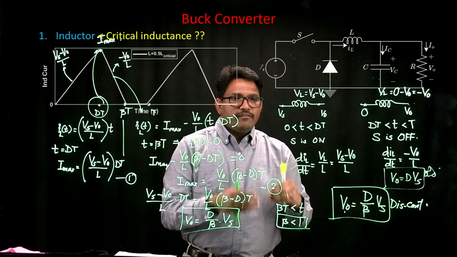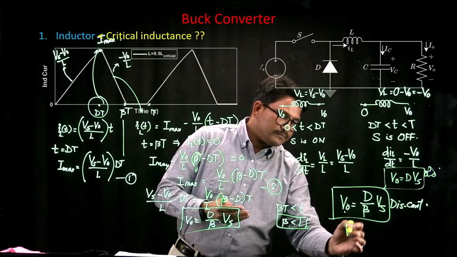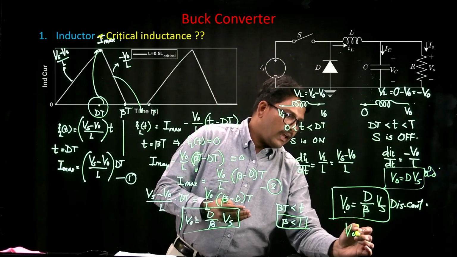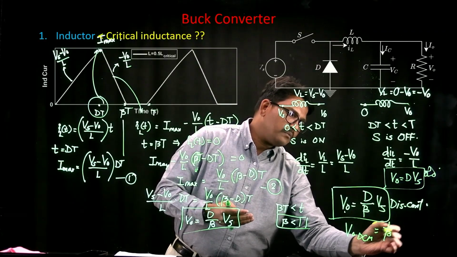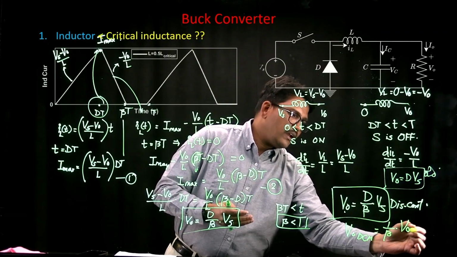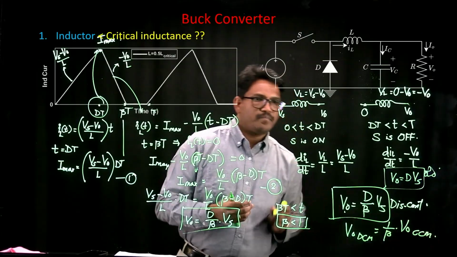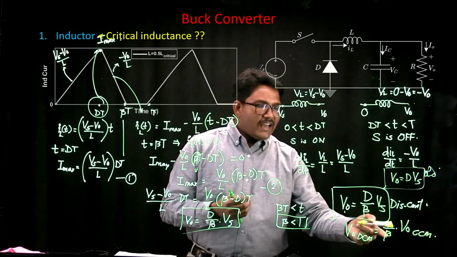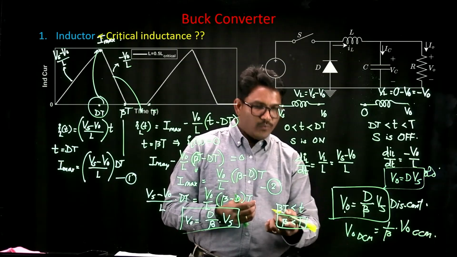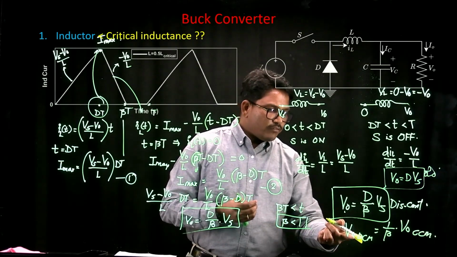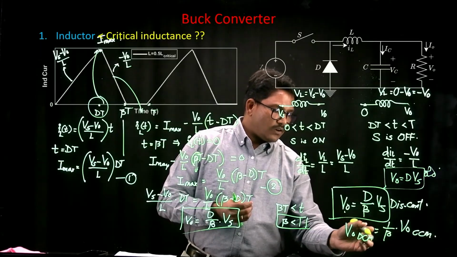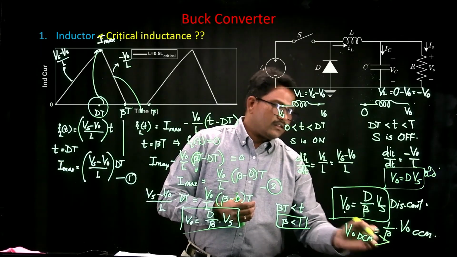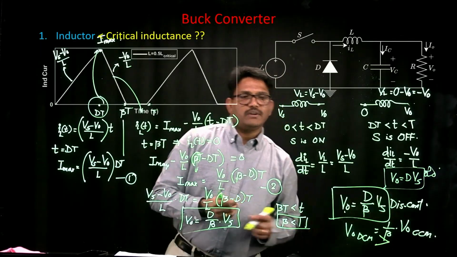So, in a way you're telling that V naught in discontinuous conduction mode is 1 by beta times V naught in continuous conduction mode. Since the value of beta is less than 1 always, you always say that the V naught in the case of discontinuous conduction mode is always greater than the voltage in the case of continuous conduction mode.